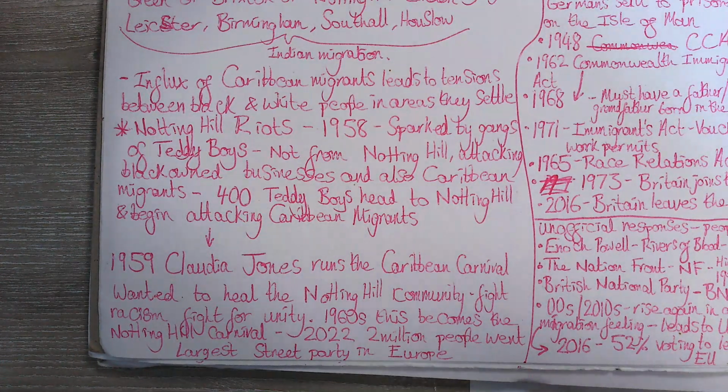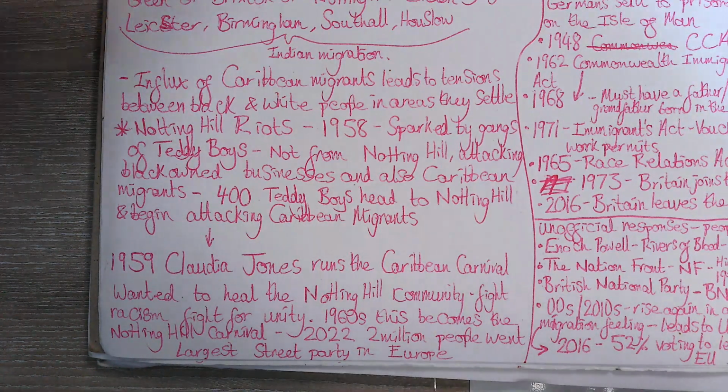The common story that's told is that on the 20th of August 1958, a Swedish migrant is attacked because she's in a mixed race relationship with a Caribbean man in Notting Hill.